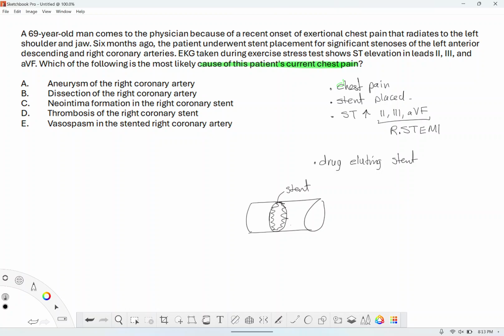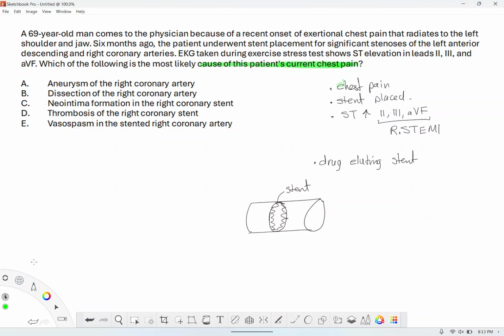It's not as smooth as endothelium. So the body tries to cover the stent with endothelium. That's the normal function. These vessels want to cover the stent with endothelium, just to prevent thrombus formation. That's a natural process.